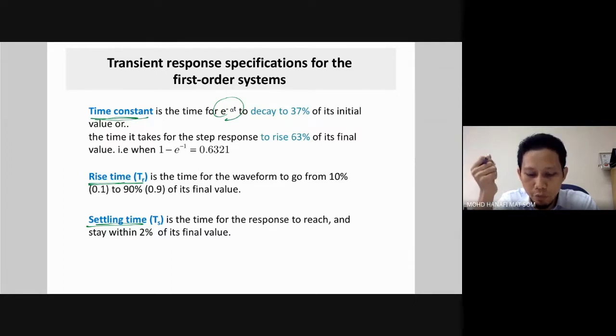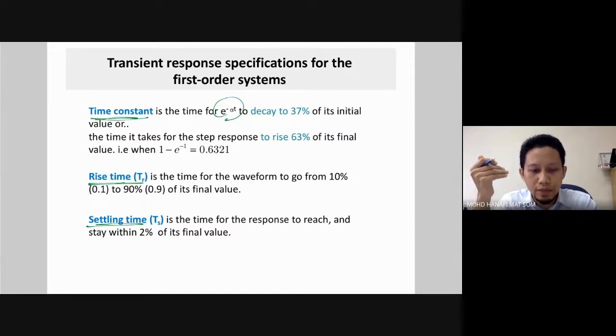Let's say we have 1 minus exponential negative t, where t equals 1, we have 0.63 to 1. So this is the time constant. The rise time is the time for the waveform to go from 10% to 90% of its final value.